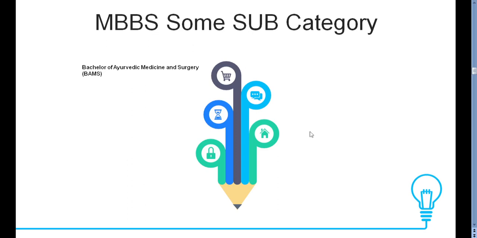Now see, first is BAMS. BAMS full form is Bachelor of Ayurvedic Medicine and Surgery. It is the first subcategory of MBBS. The second one is Bachelor of Physiotherapy, BPT. The third one is BHMS, which means Bachelor of Homeopathic Medicine and Surgery.